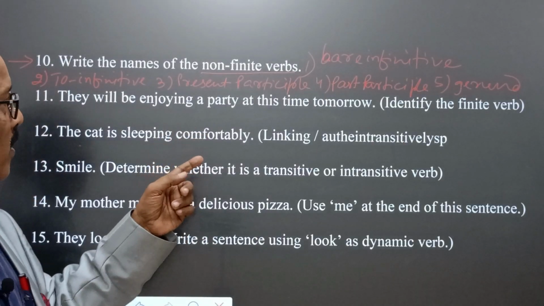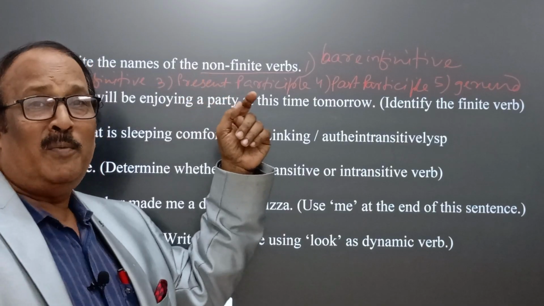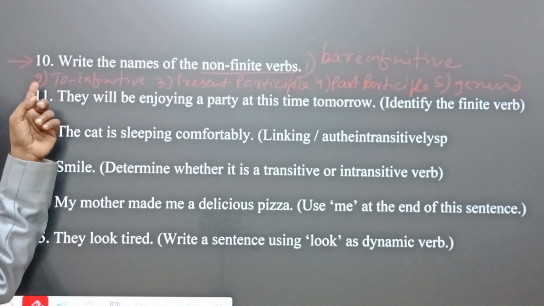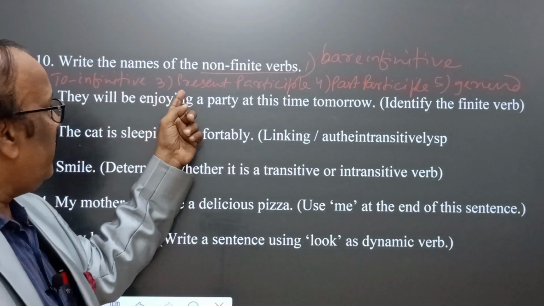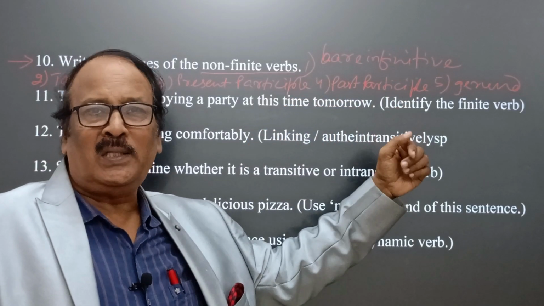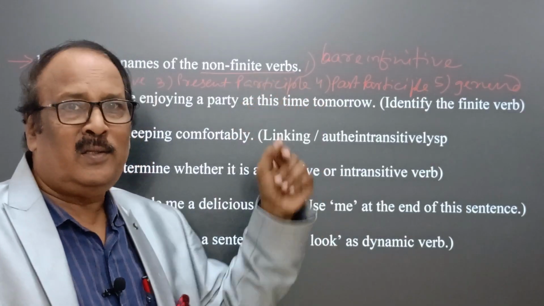Gerund. Remember, we have 5 types of non-finite verbs. One is a bare infinitive, the second is a to infinitive, third is a present participle, fourth is a past participle, and fifth is a gerund. Yes, this is the answer.